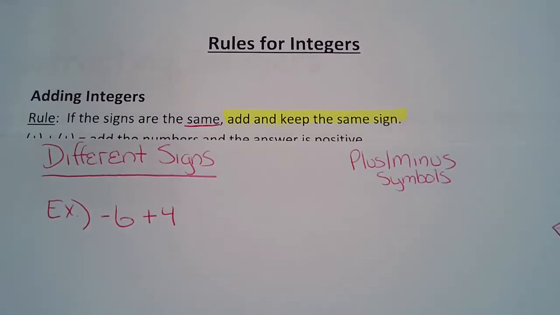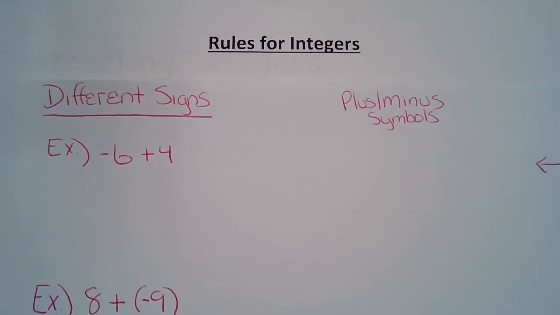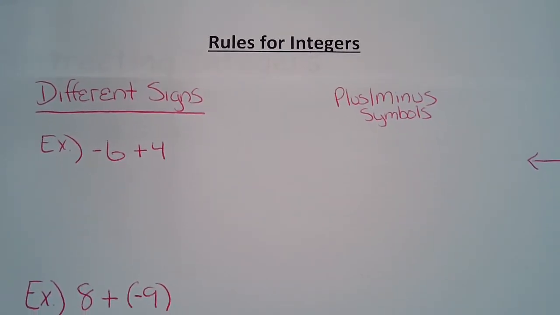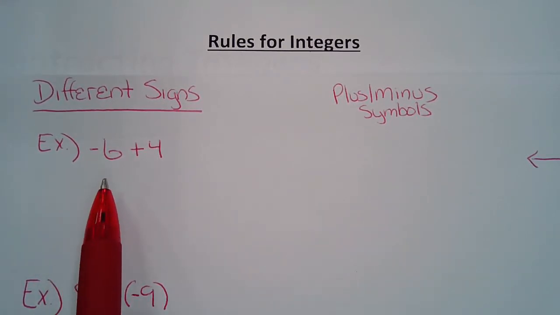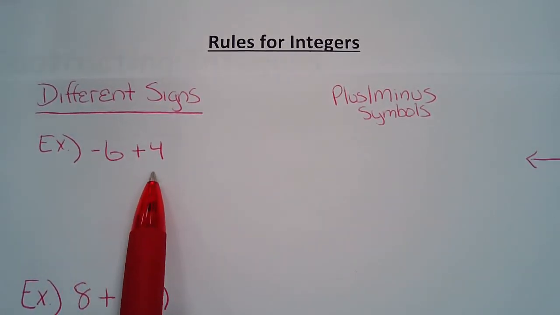So let's start with this first example that says -6 plus 4. First thing you must look for is whether or not you're dealing with two numbers with different signs. And for this example, that will be yes. So in that case, I'm going to apply my rule that says I'm going to subtract the absolute value of the two numbers.